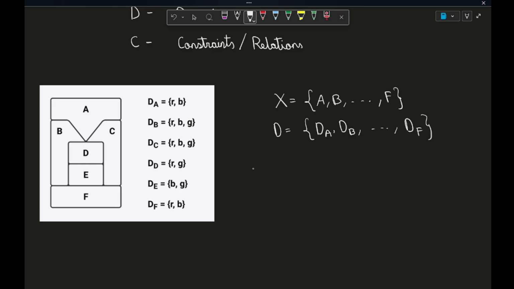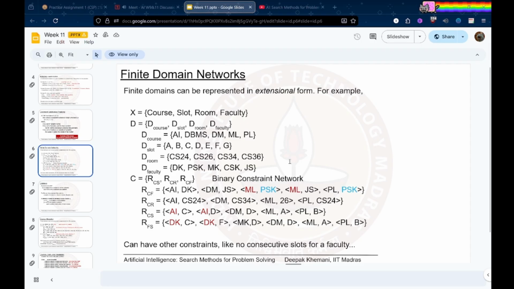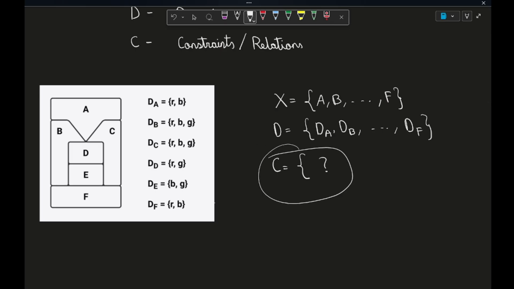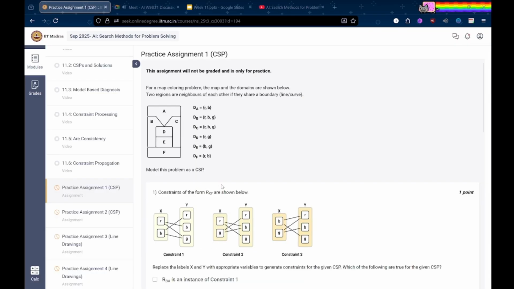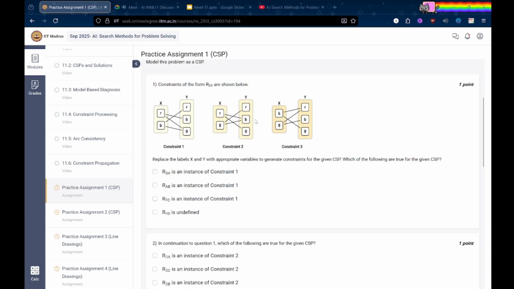What would the constraints be? C. So C is a set of relations on subsets of variables. So how do we write this constraint itself first? Okay, so constraints are already given here. Constraints of the form R(X, Y) are shown below. Okay.